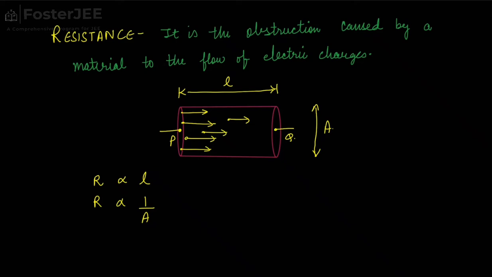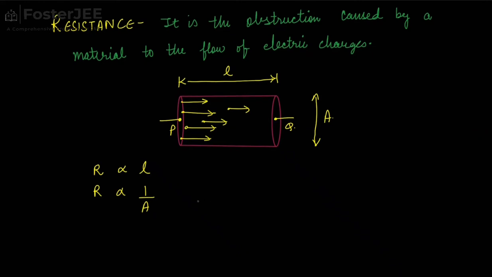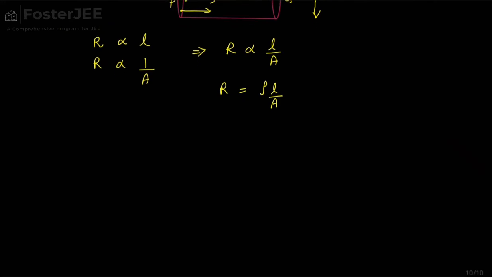So the more the area, the more the space, the lesser the resistance. Combining these two factors, we get R is proportional to L upon A. Removing the proportionality sign, we get R equals rho L upon A. Now we will see what these terms in this expression are.